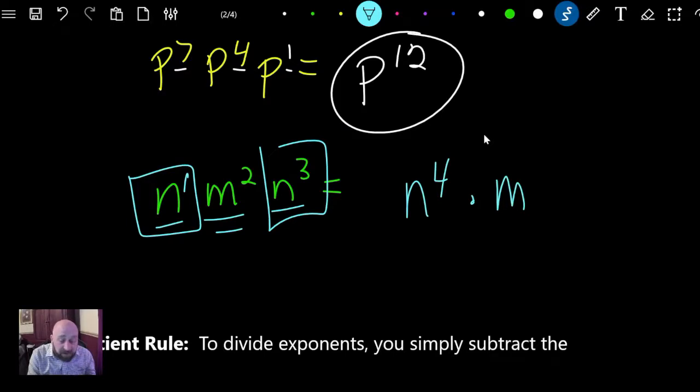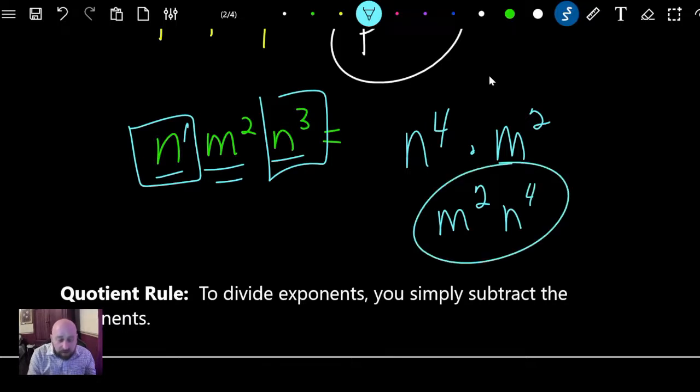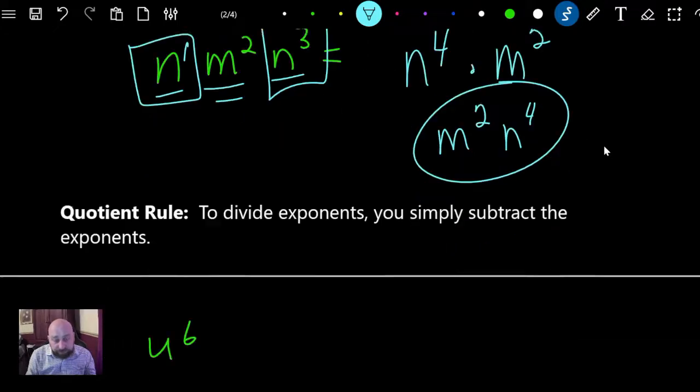There's nothing else to add to the m, so it's just m squared. Now, you could say that that's the correct answer, but typically in algebra, we always write things alphabetically. So we would switch that around, and we'd say m squared n to the 4th, and that would be the best answer that we could give for that question.